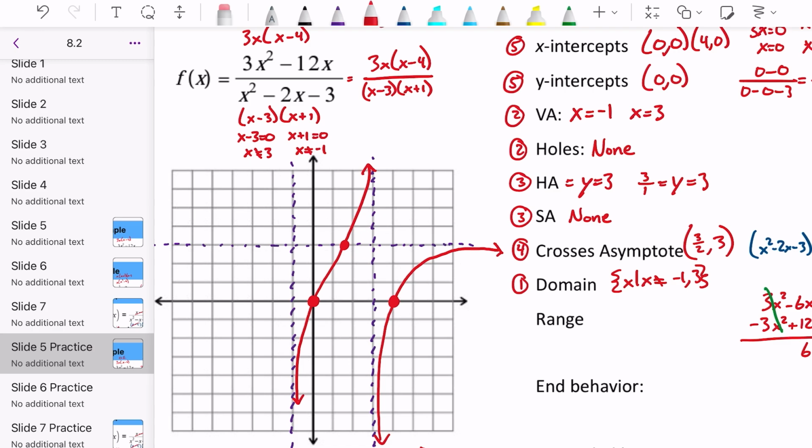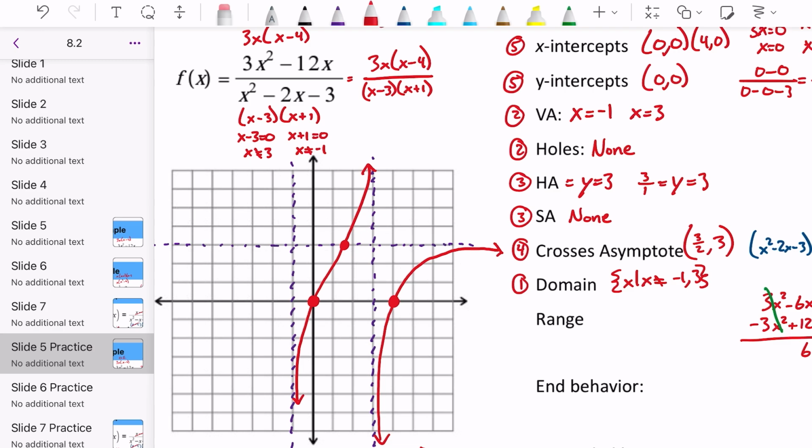In this case, what we can go ahead and do is plug in a -2, and as we plug in that -2, it will give you a value either above 3 or below 3, meaning that horizontal asymptote. That will give us the easiest way to determine what this graph would look like.